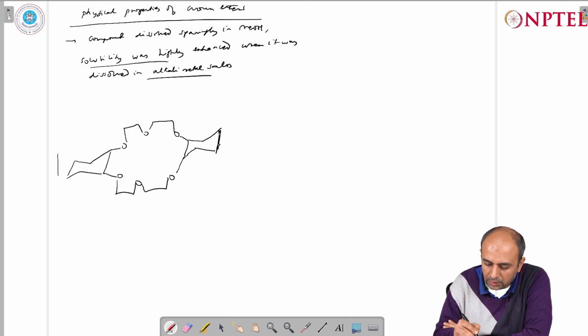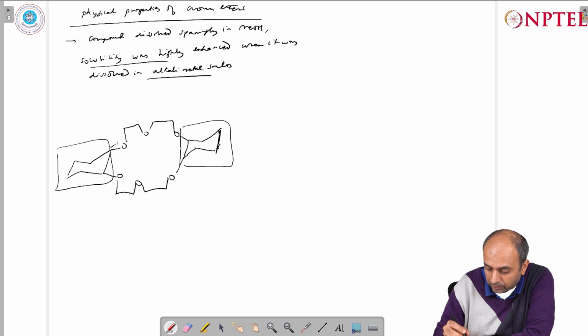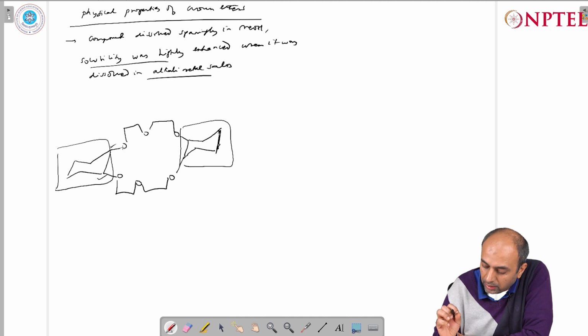So you can see this is the cyclohexyl ring, this is the cyclohexyl ring, and this is the 18 crown 6. And because this is more organized and more rigid because of the stereochemical restriction at the cyclohexane system, it has to maintain the stereochemistry at these 2 carbon atoms, therefore it is a more conformationally rigid system.